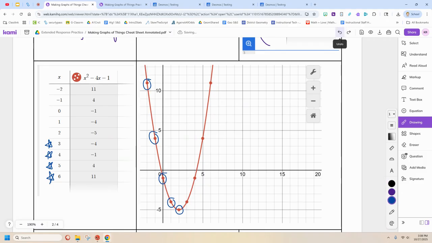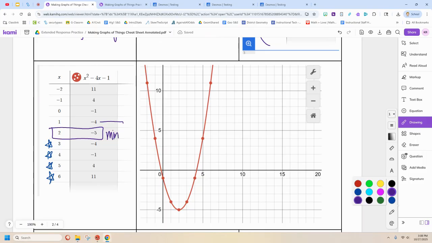The next thing to say, something that's really important about quadratics, is there's symmetry. So notice that 2, -5 is alone. This is going to be the minimum. And then we have symmetry as we move out from that.